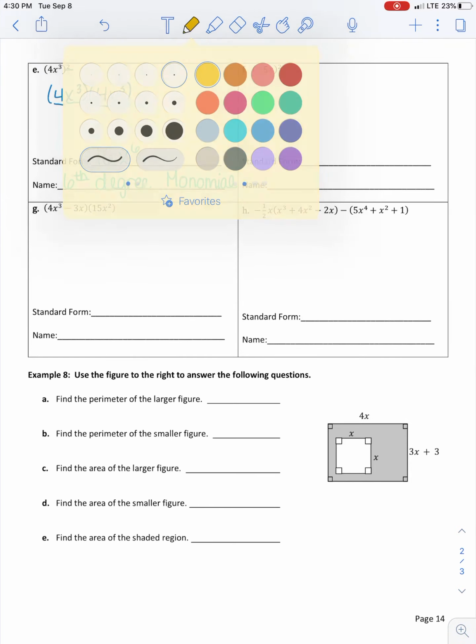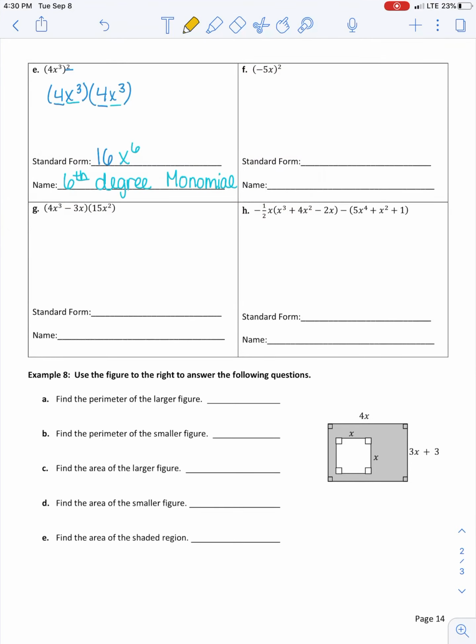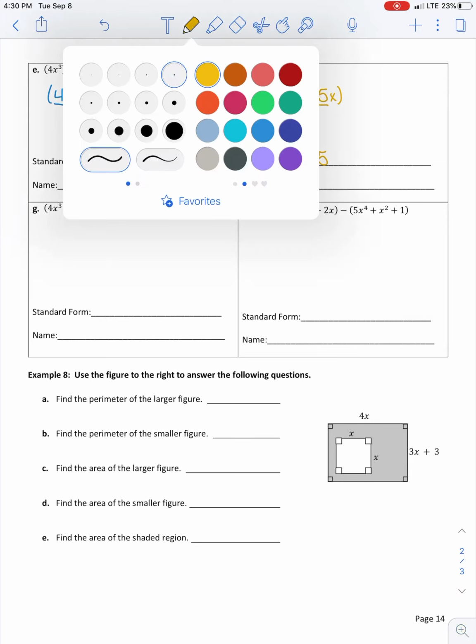It looks like we're doing the same thing for part F. We have that 2 here, so that means we're taking negative 5x and multiplying it by itself twice. If that was a 3, we'd multiply it by itself 3 times. So we're going to take the negative 5 times the negative 5, and we get a positive 25.